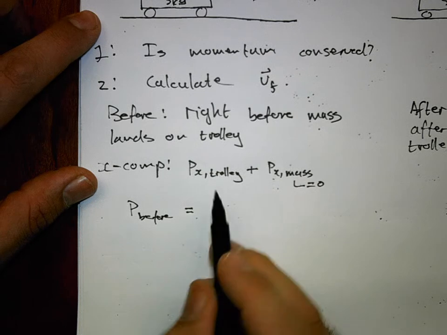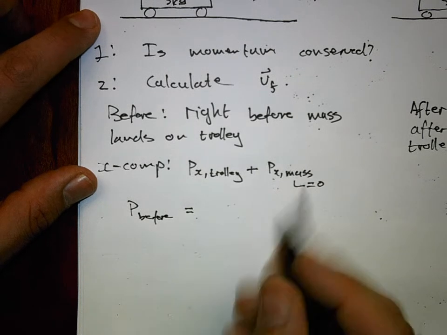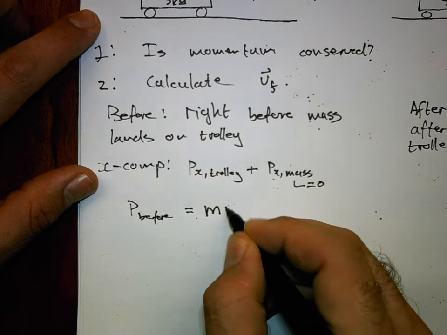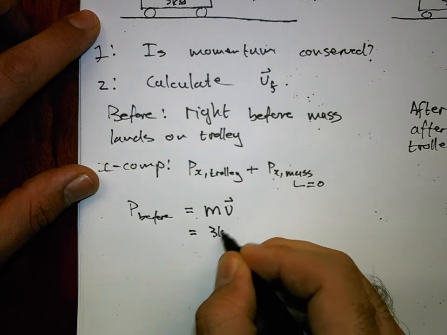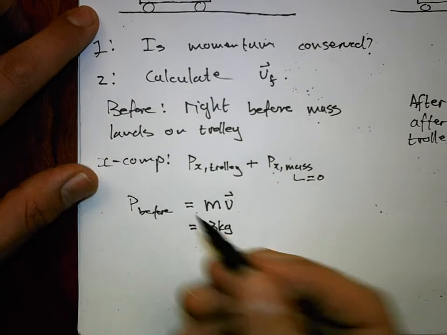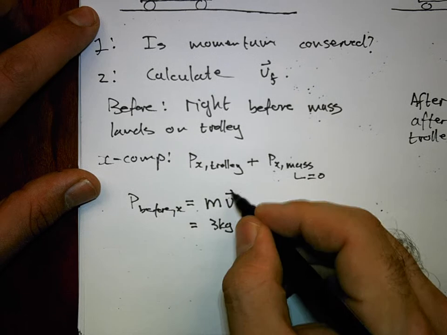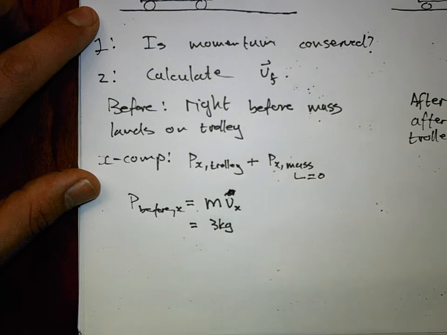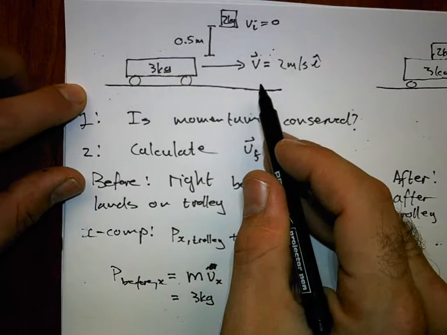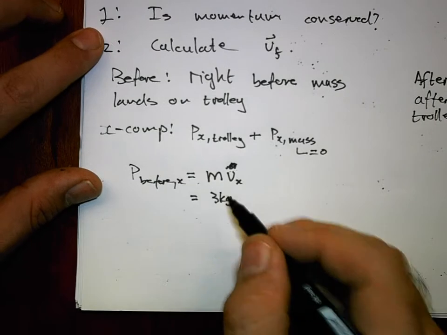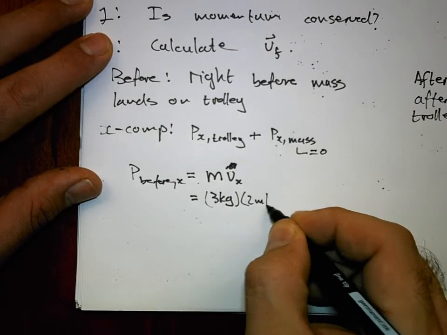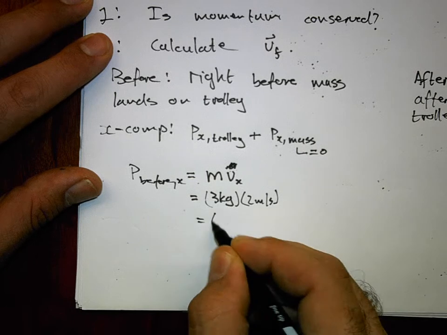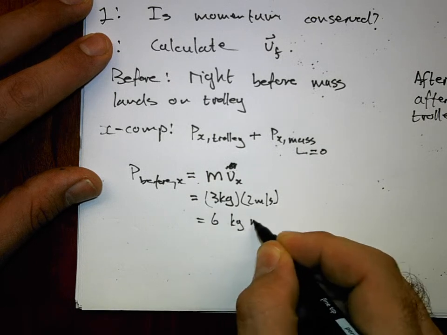is equal to the x momentum of the trolley, which is just m times its velocity, which is 3 kilograms. Instead of writing in vectors, we know the velocity will only have an x component anyway, so we can simplify this. So it's 3 kilograms times 2 meters per second, and that's just 6 kilogram meters per second.